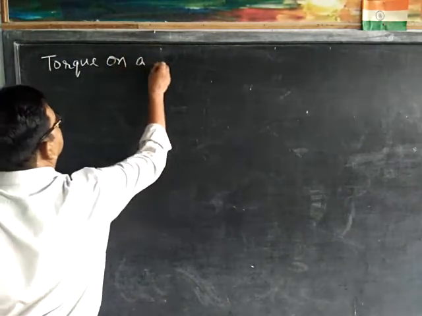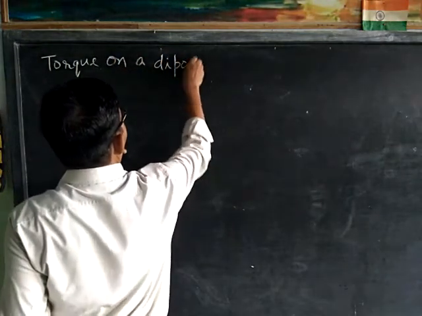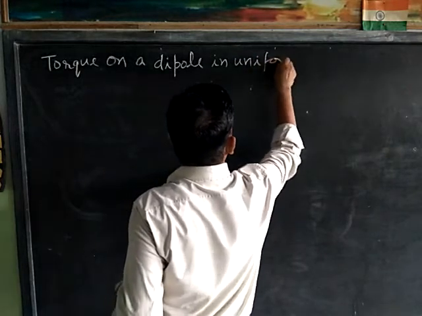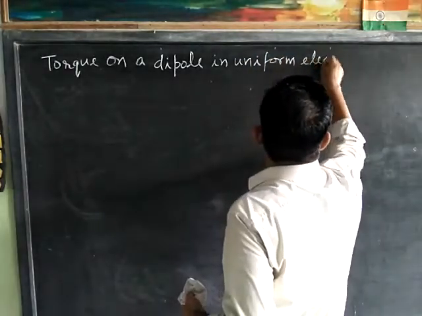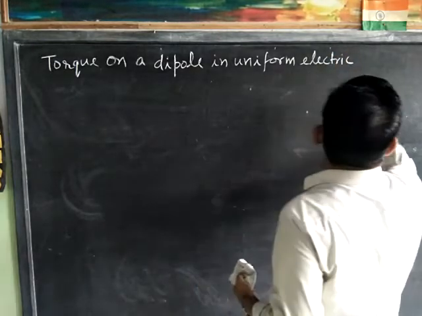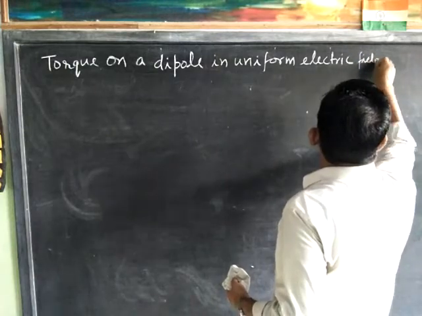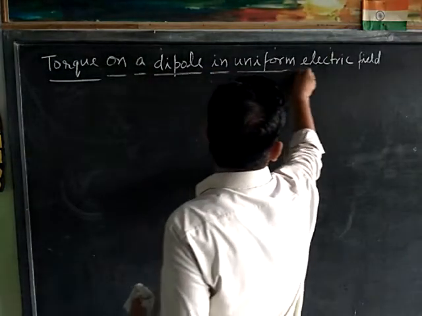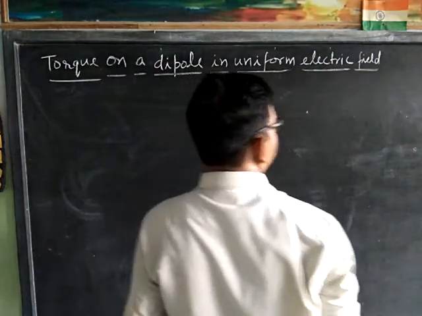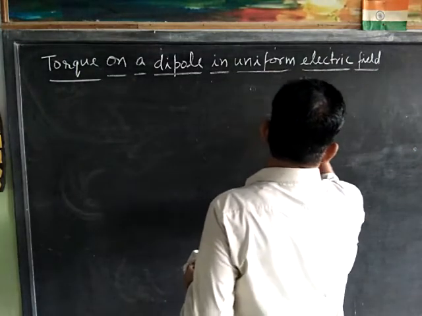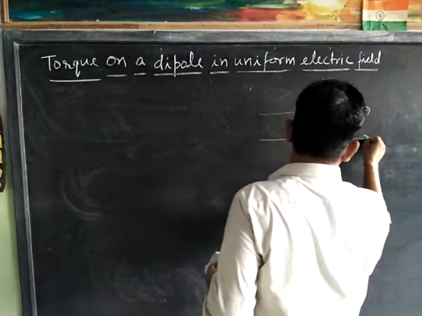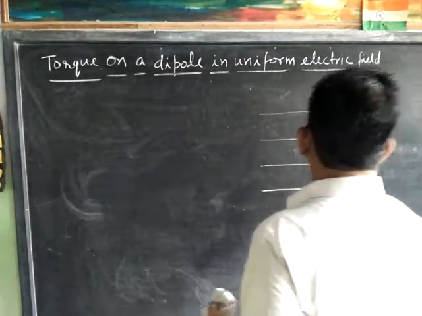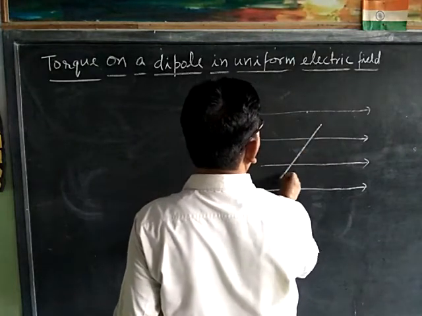First we will draw the diagram. This is my uniform electric field. Now consider a dipole AB.